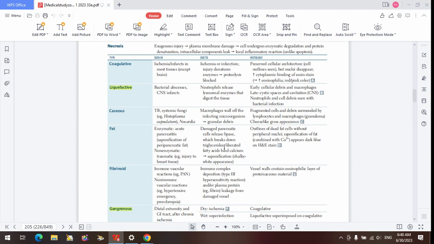Another clincher for coagulative necrosis is eosinophilia. So there's increased eosin stain uptake by that cell. Why? Because that cell is having a lot of denatured protein. Denatured protein stains eosinophilic. There's a kind of explanation for that.